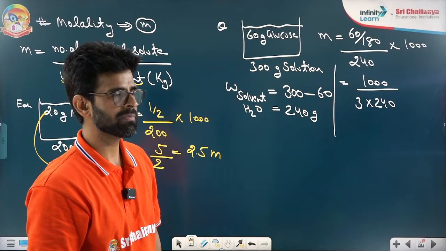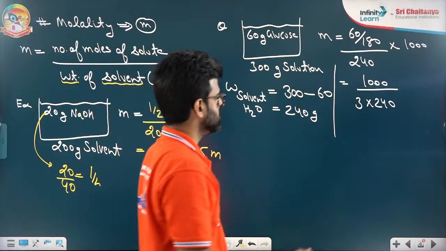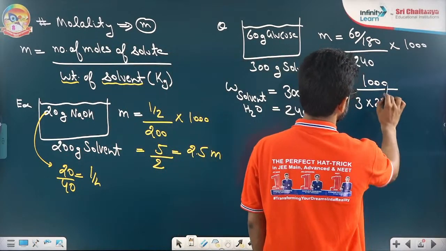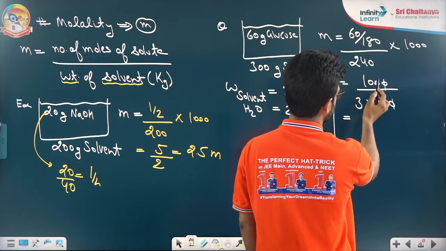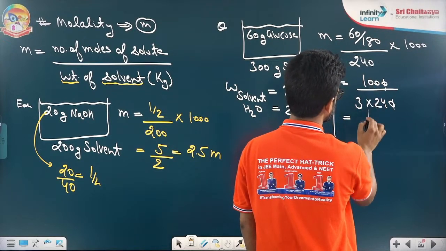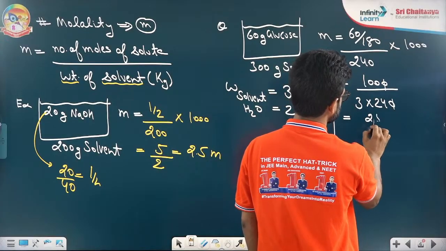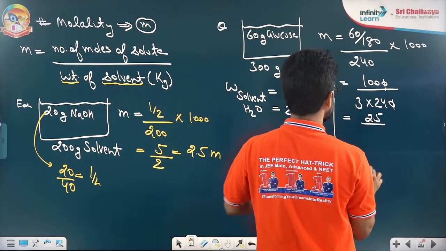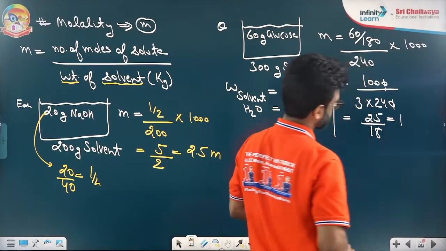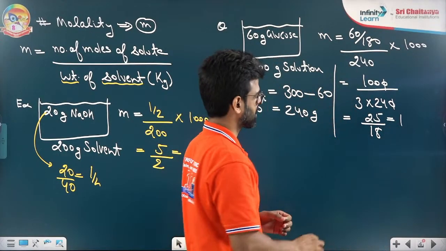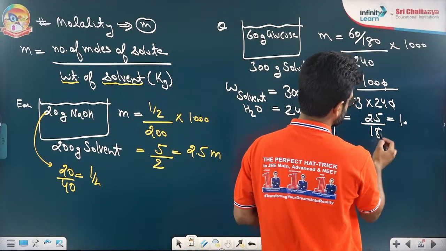If you solve this, what is coming? You can cancel a little bit from here. So 4 you can take, and 25 will come upside. 25 and 6, 3, 18, right? I will take 1 here, 1 is coming, and 7 remaining.